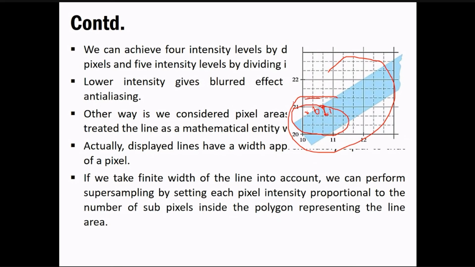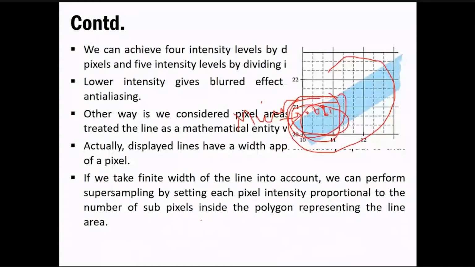So in turn it would give you the intensity of this main pixel that you have. Okay, main pixel. So that is what I say. If we take the finite width of a line into account, we perform super sampling by setting each pixel intensity proportional to the number of subpixels inside the polygon representing the line area.